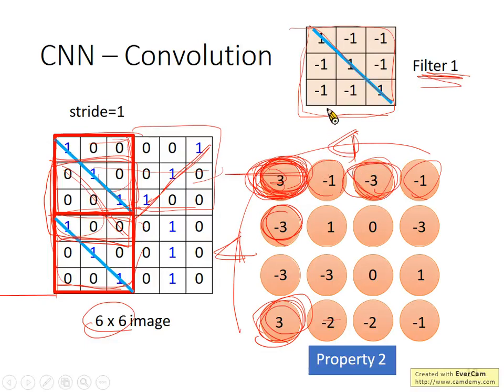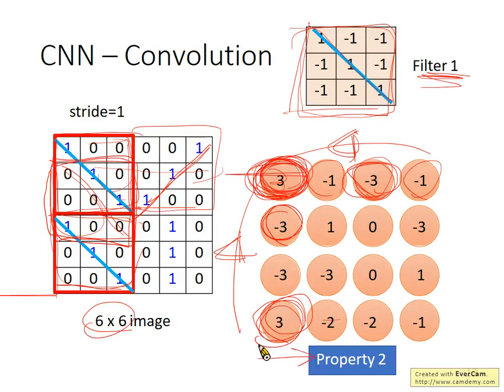So according to the value of the filter response, we can tell whether a subregion matches a filter or not. This characteristic also corresponds to the second property.